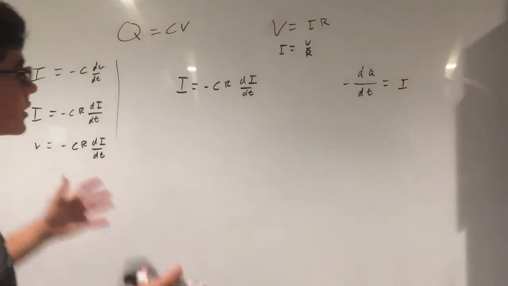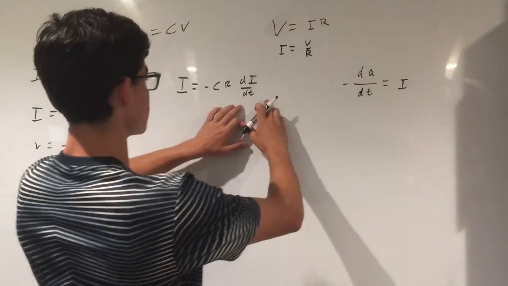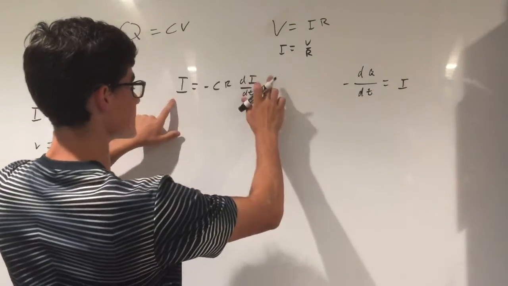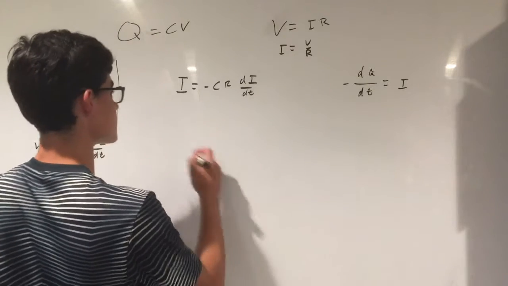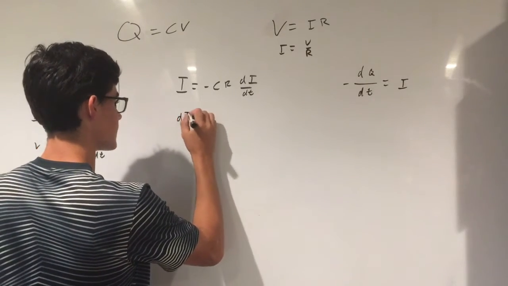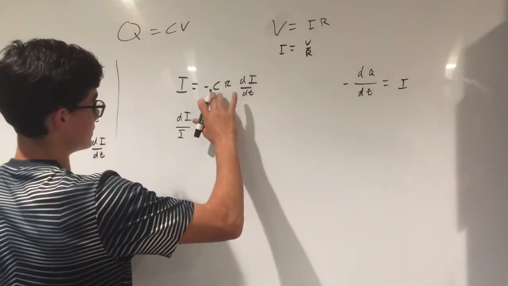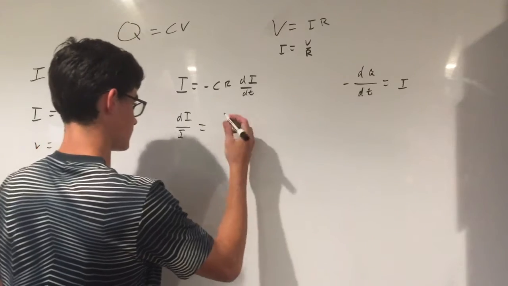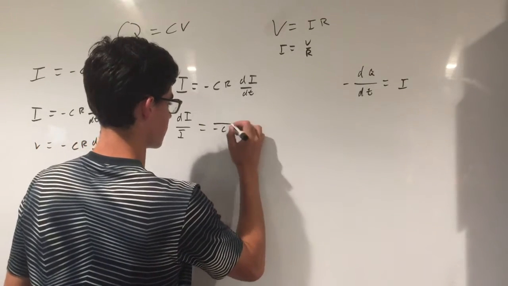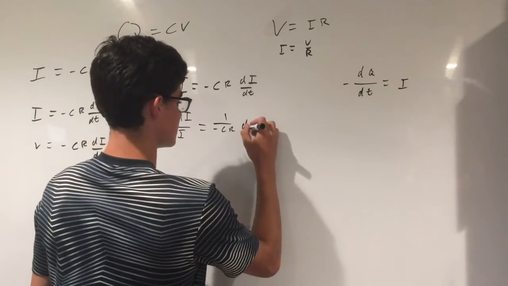So when we try to solve this through a separable equation, we're going to try to get the I on the same side as dt and everything else on the other side. When we go through this process, we will end up with dI over I as we divide that over, and divide these two constants over and multiply dt over. We will end up with 1 over negative CR times dt.